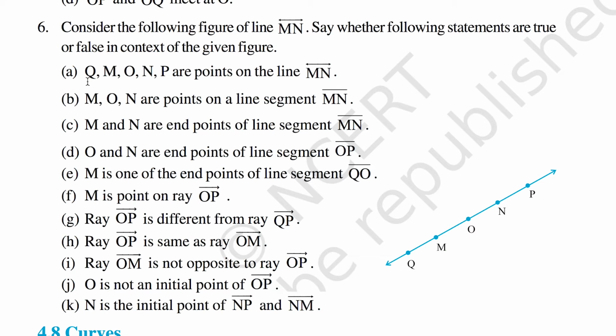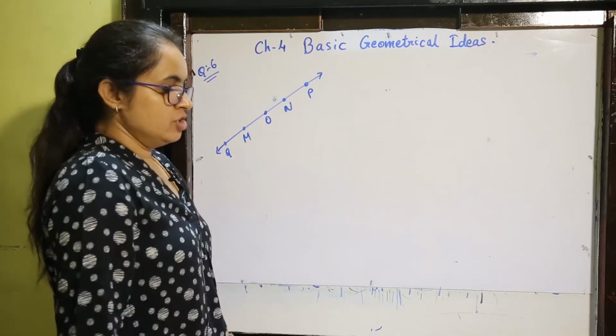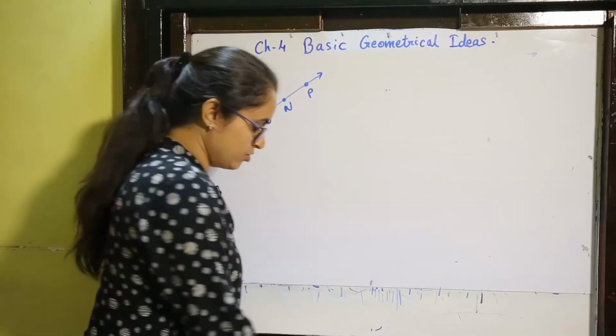Now the first statement: points Q, M, O and P are points on line MN. It means all these points lie on this line. So is it true or false? Yes, it is true. So you have to write true there.